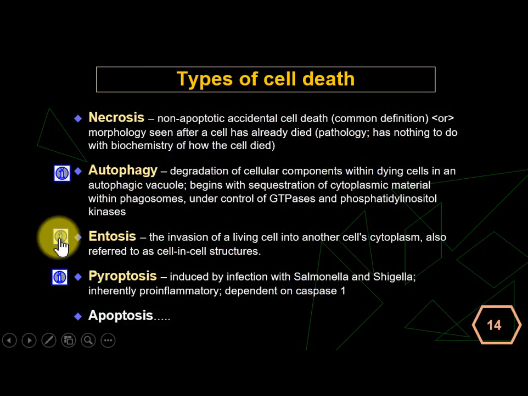The second one is entosis. That's the invasion of a living cell into another cell's cytoplasm, meaning one cell eating another cell alive. That happens in a cell-in-cell structure, and it happens in cancer cells.